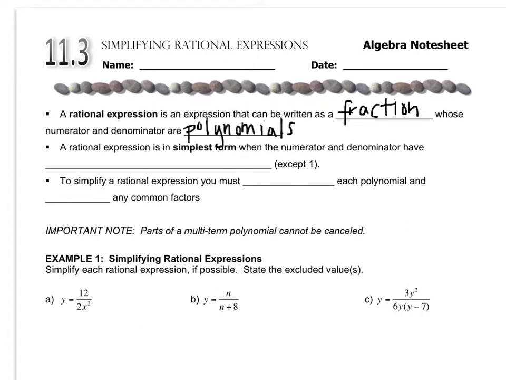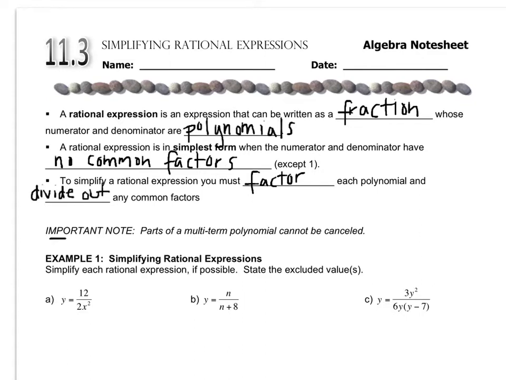A rational expression is in simplest form when the numerator and denominator have no common factors, obviously except one. And to simplify a rational expression, you must factor each polynomial and divide out any common factors.